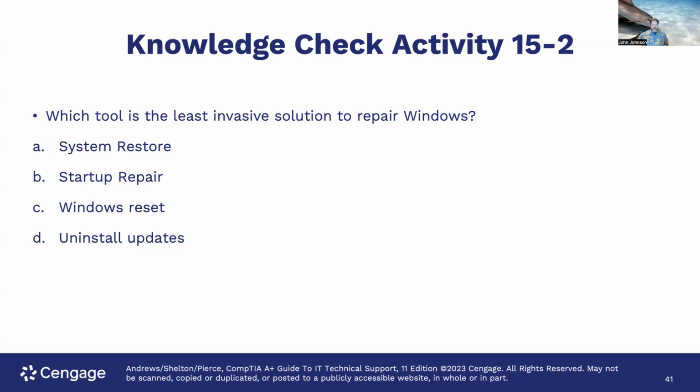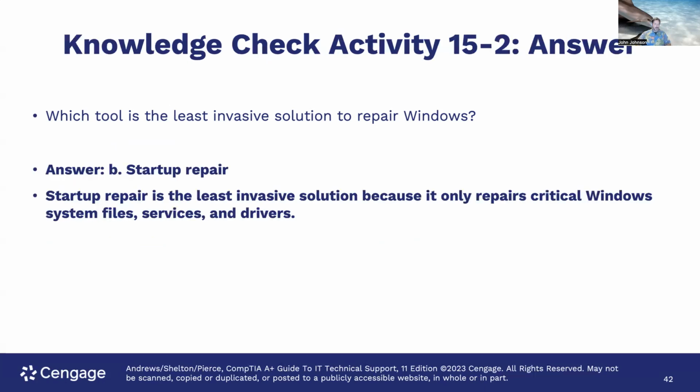So I am going to say it's between Startup Repair or Windows Reset, or no, sorry, I'm going to go with Startup Repair, because everything else is going to be pretty long, whereas with Startup Repair you could just be fixing a couple of files. And yes, Startup Repair would be the least invasive there. As they say, Startup Repair is least invasive because it only repairs critical Windows system files, services, and drivers.